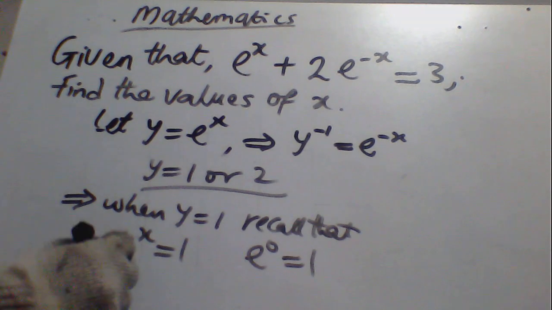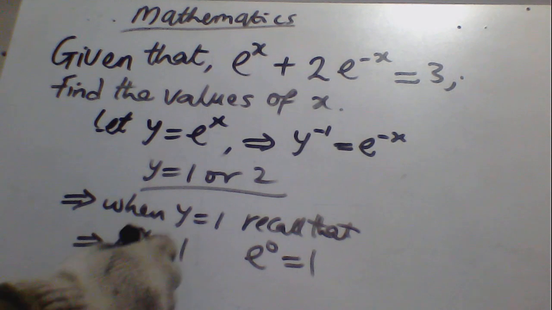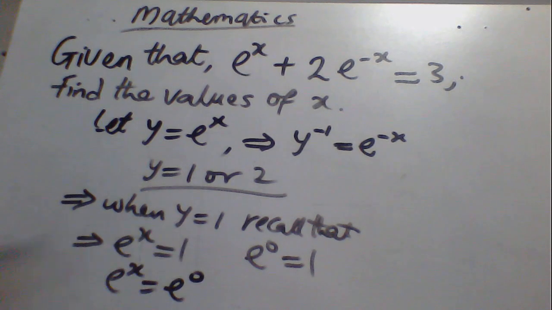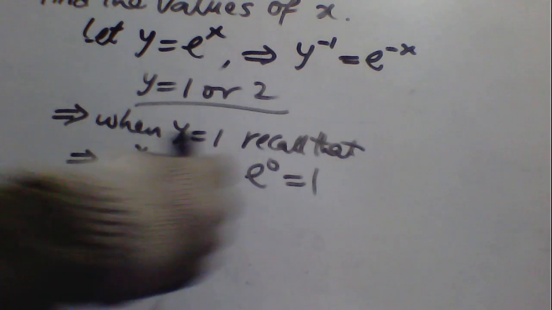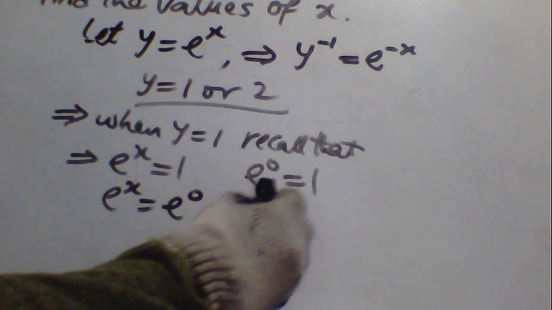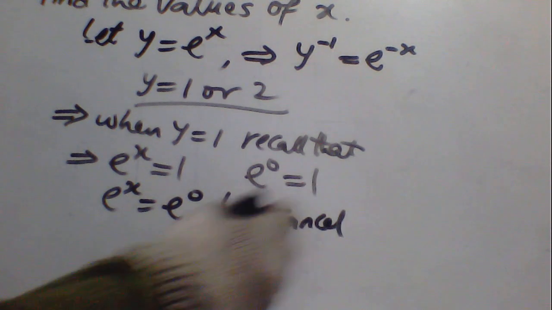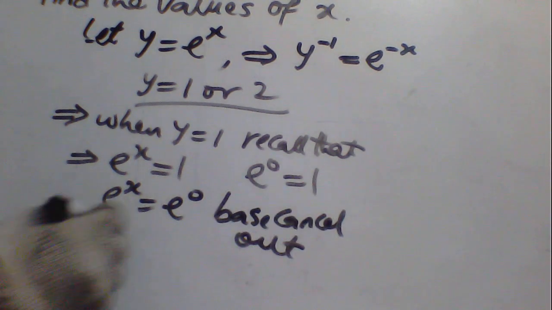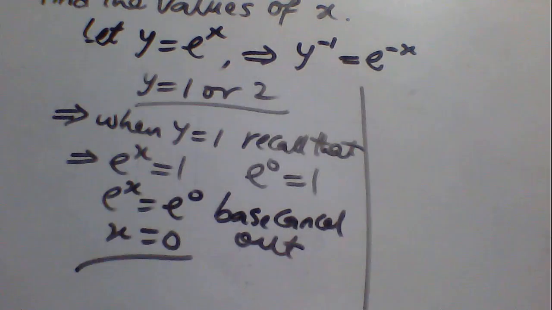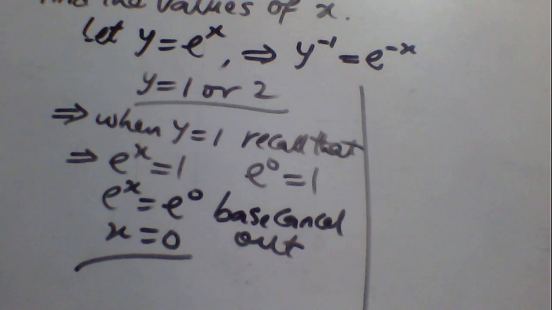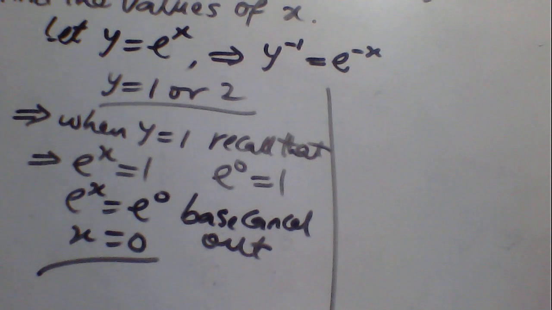So from here we have e raised to power x is equal to e raised to power 0, because e raised to power 0 is equal to 1. Notice that the bases cancel out, and when the bases cancel out, we have x equal to 0.